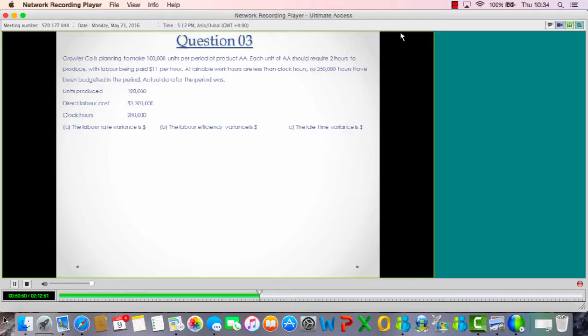It should be the difference, right? My actual cost of 3.2 million and the standard cost, the difference is 120 adverse, right? So that is my labor rate variance.